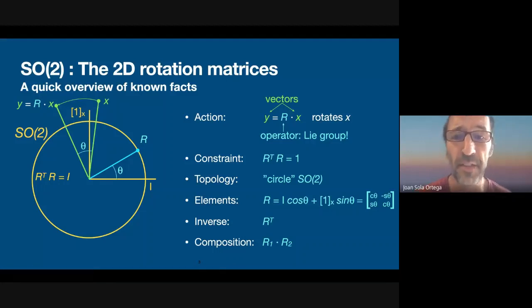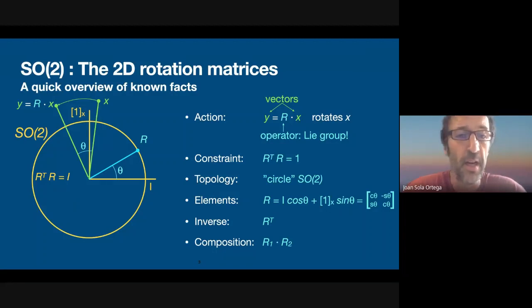The elements of this group are I cosine theta plus 1x sine theta. And this product gives you the typical rotation matrix: cosine of theta, minus sine of theta, sine of theta, cosine of theta. The inverse is built with the transpose, and the composition is just the product of rotation matrices, as you all know.